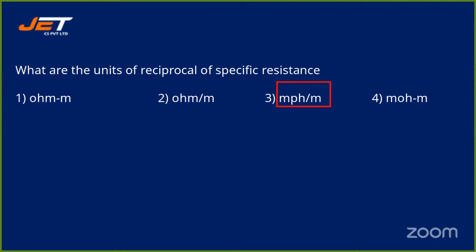The reciprocal of specific resistance is nothing but conductivity. So the conductivity units are, the question is simple. You have to decode the question. So when you convert that, you get mho by meters. Simple.